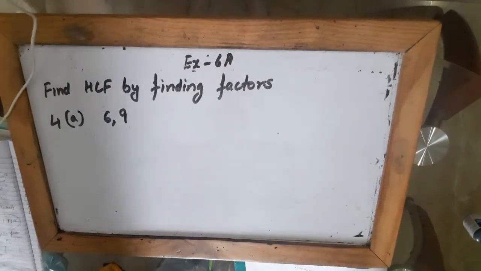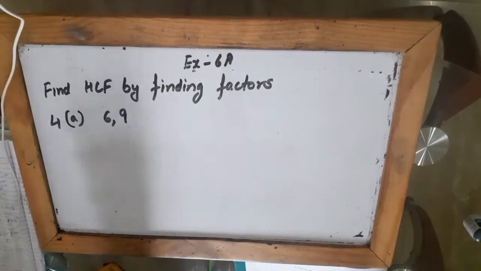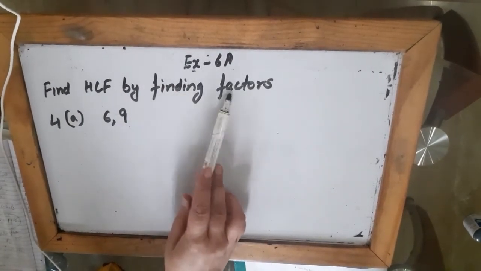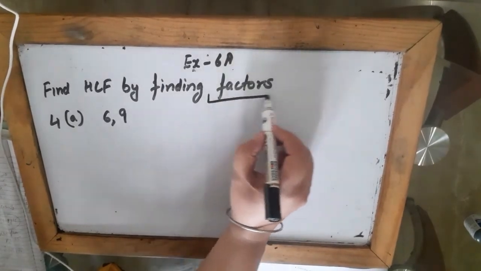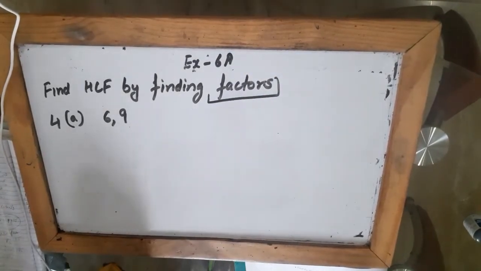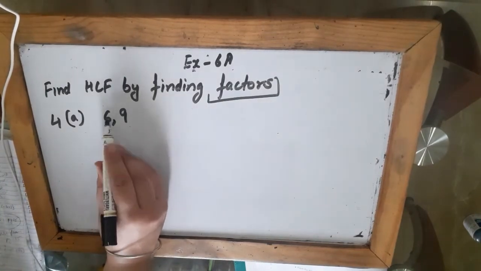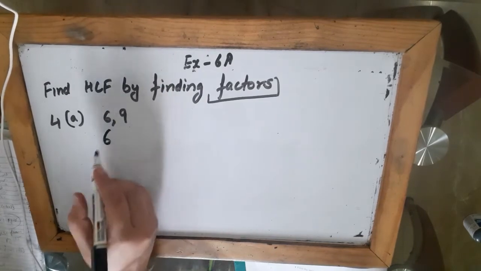Now I start with the fourth question. In the fourth question, they are saying to find the HCF of the numbers by finding factors. Means I have to find all the factors of 6 and 9, and then I have to find their HCF. So let us start. First of all, I will find out all the factors of 6.